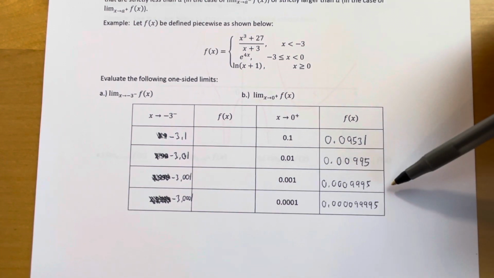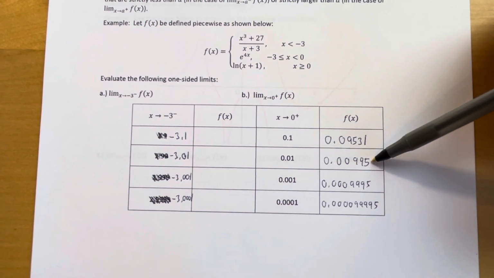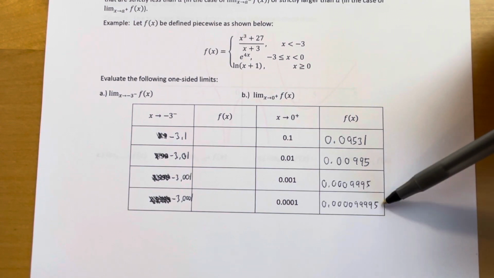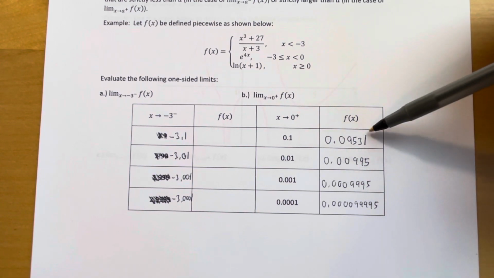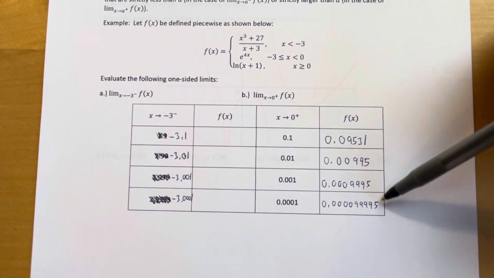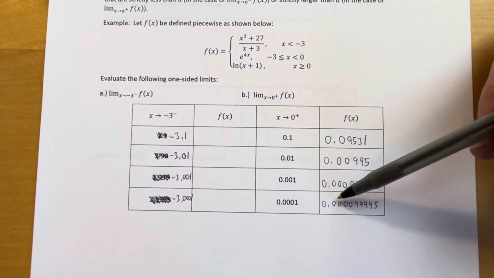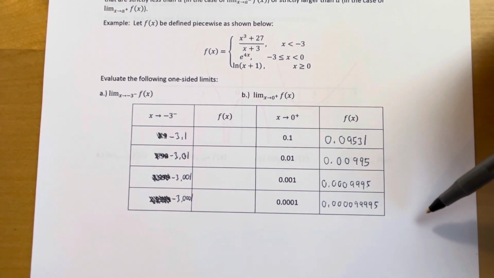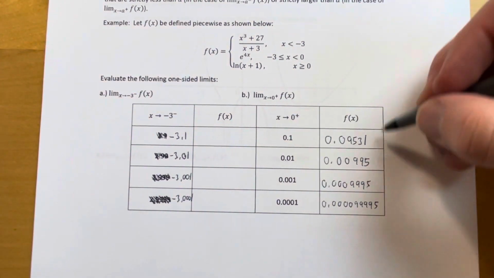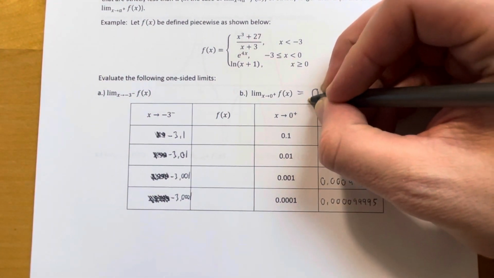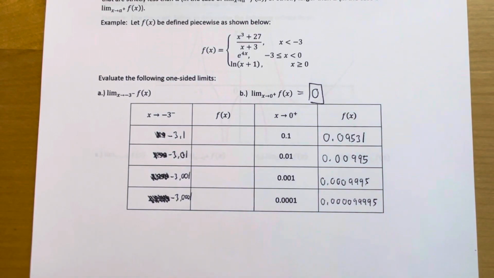I have a couple of zeros after my decimal point, so this is a very, very small number. This number is even smaller, and this one is even smaller. It looks like these are approaching 0, especially since I keep getting more and more zeros after my decimal point. My gut tells me that this is approaching 0, so I'm going to use that as my answer.